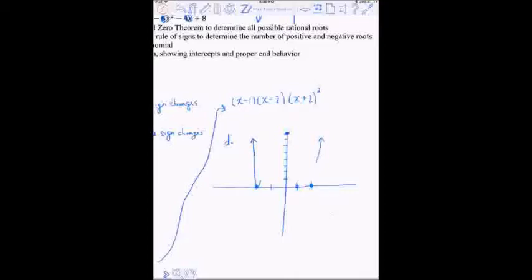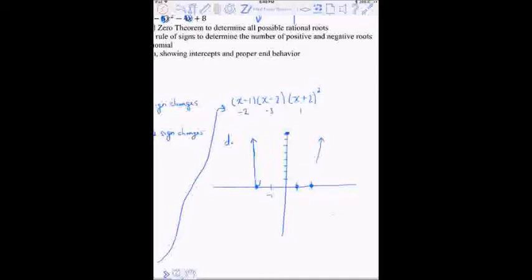Now, I don't know if it's going to go right to there. Like on the last problem, it might come up a little bit and then come down. So I've got to find out what's happening when x equals -1. So we'll plug in a -1 for all those x's. -1 minus 1 is -2. -1 minus 2 is -3. And -1 plus 2 is 1. And 1 squared is 1.